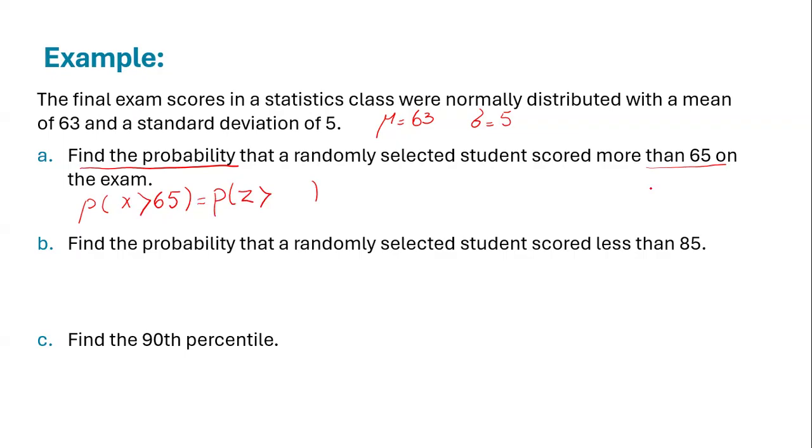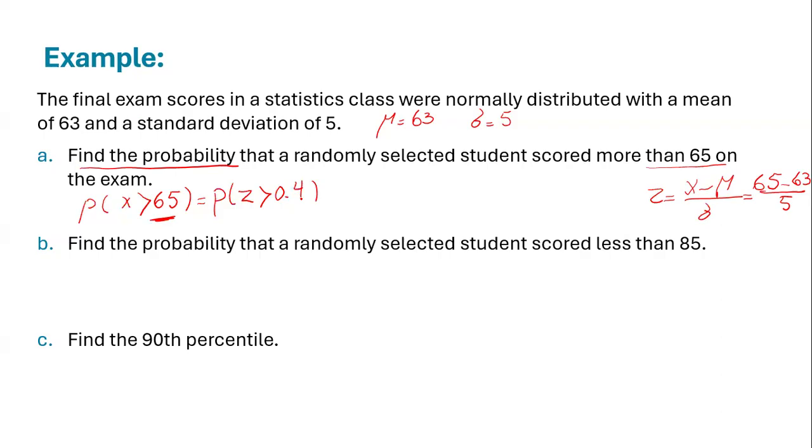To convert that one, using the same formula, x is 65. That's your x value. Mean is 63, and the standard deviation is 5. 65 minus 63 is 2. 2 divided by 5 is 0.4. So the answer is 0.4.